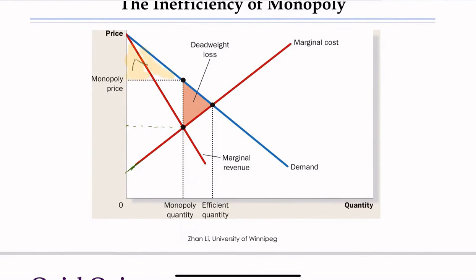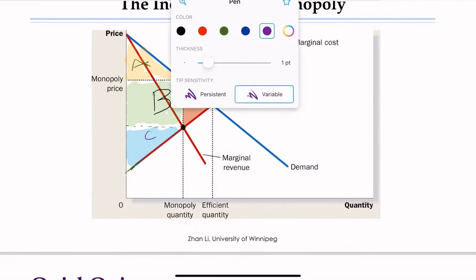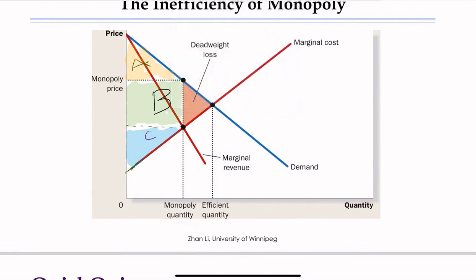So let's say this is A, and this middle rectangle is B, and then this blue triangle is C, and then the so-called deadweight loss triangle, let me use maybe blue color, it's D.